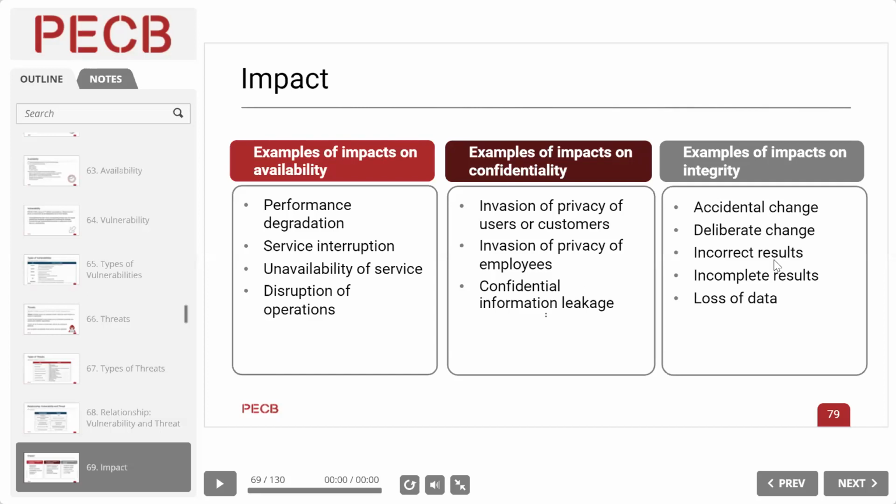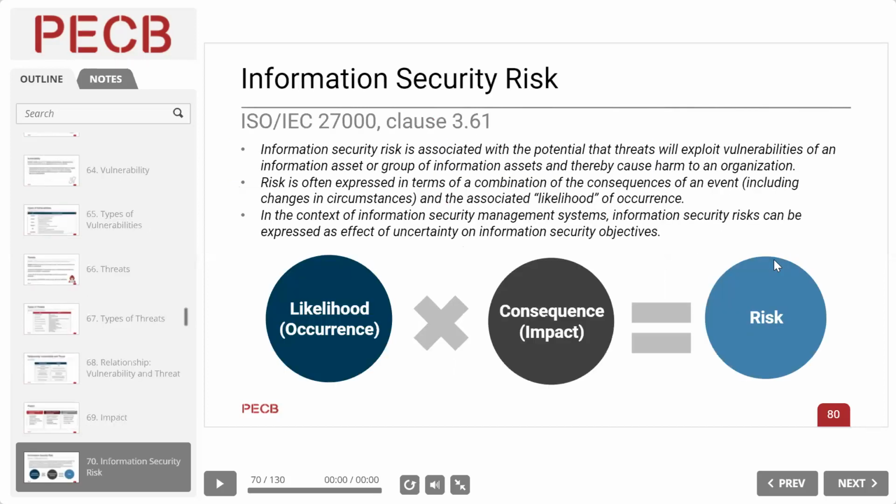Okay. So we need to examine the impact, because the impact gives us an indication of the risk level. If the impact is high and the likelihood is high, then we have a high risk, then it's something that we need to rise up on. Okay. So to determine risk, we look at the likelihood times the impact.